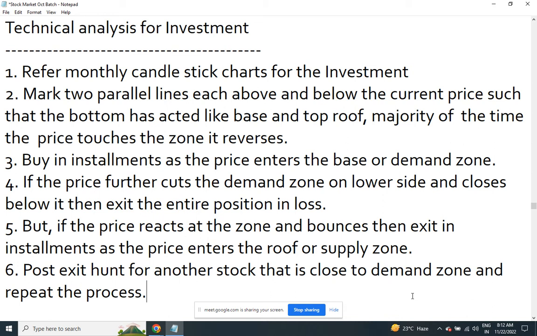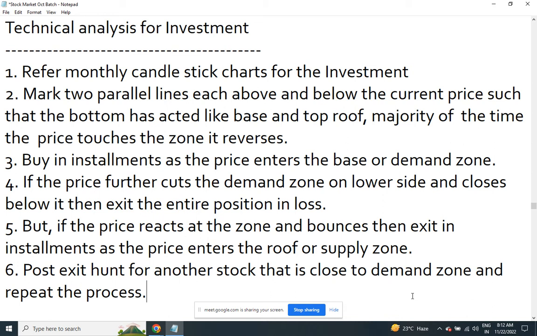And after purchase, in case the price further falls down, it means that the stock is pretty weak, it is not respecting the demand zone, so we exit in loss. If the price pierces the lower line of the two parallel lines, if it crosses the line and again recovers by the end of the day, then no problem.